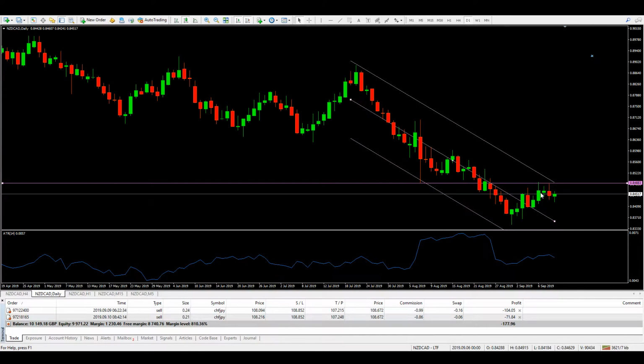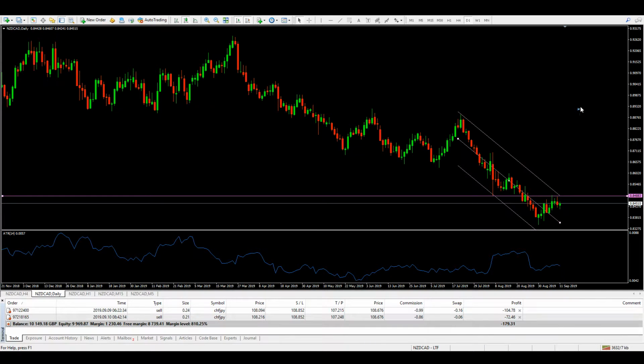It wouldn't be one that I'd be willing to put the full 3% in. So it's still good in considering that the price could fall away and approach these lows here. So it's good for 1%, maybe 2%, but probably not 3% because of the awareness of what it's doing on the weekly time frame.